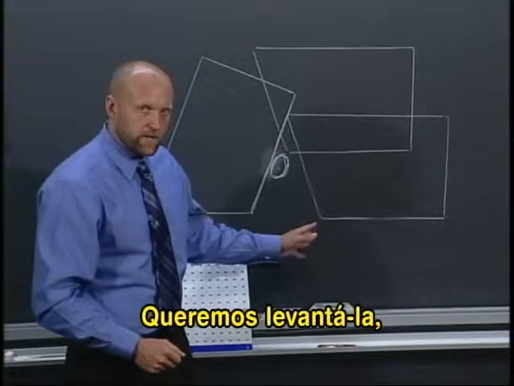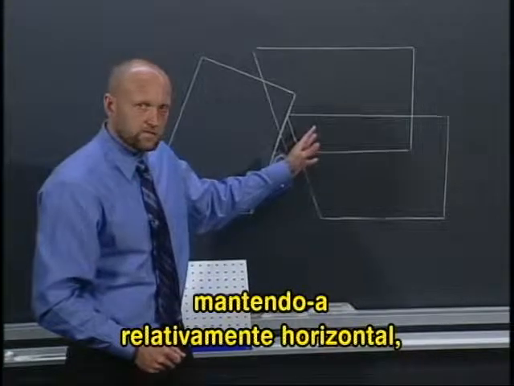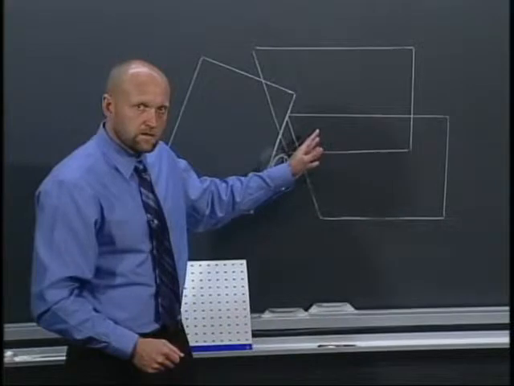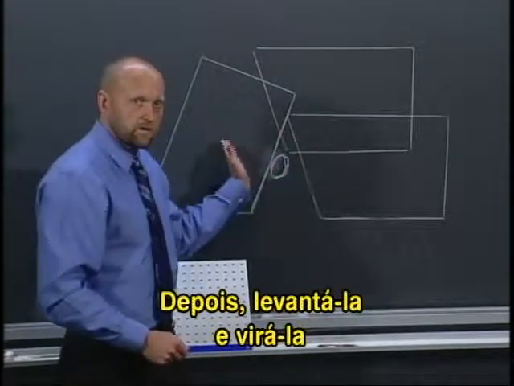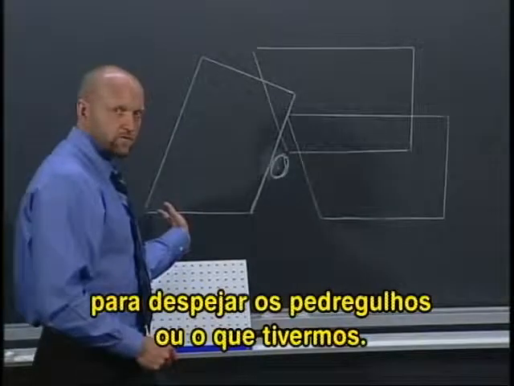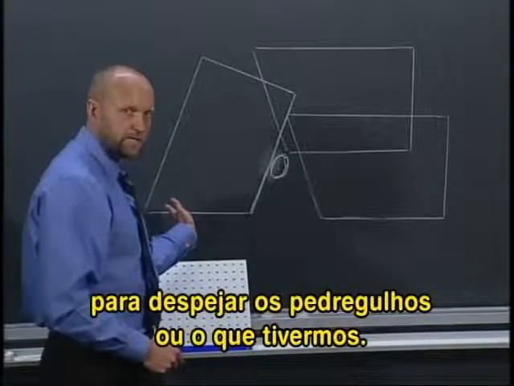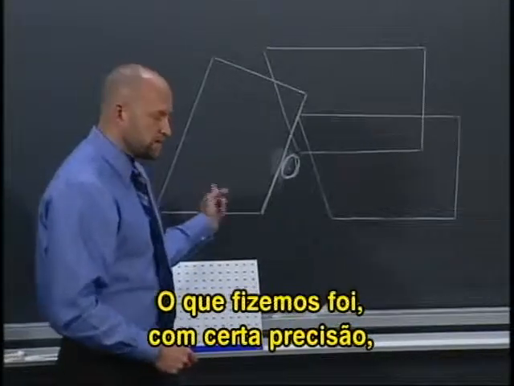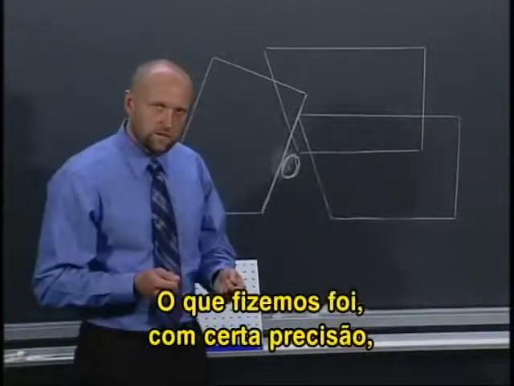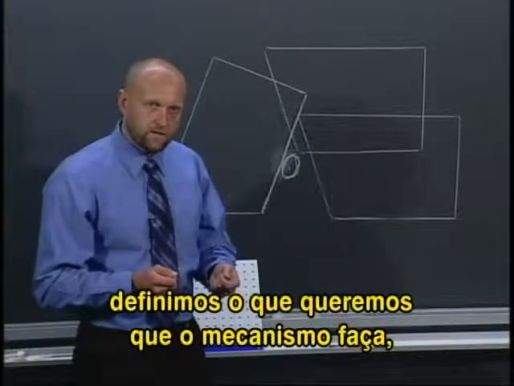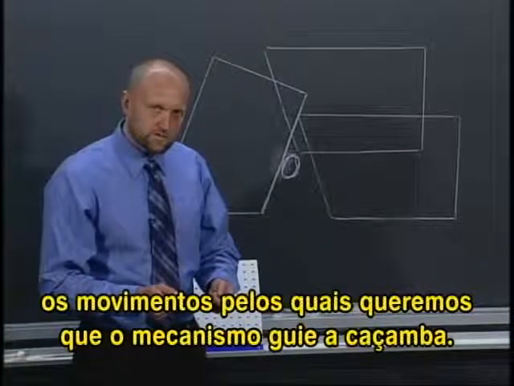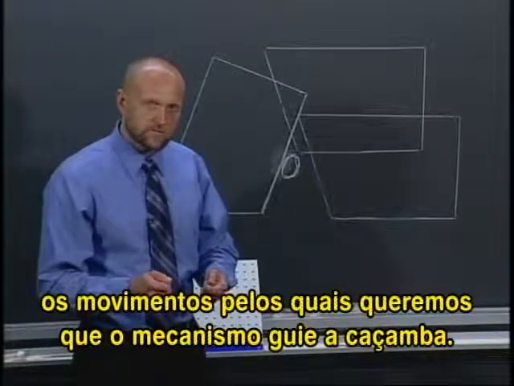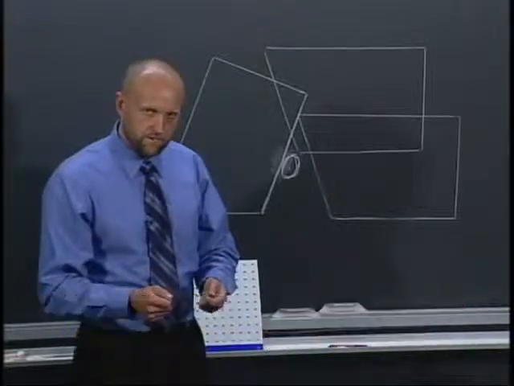We want to pick that bed up, keeping it relatively flat to overcome an obstacle, then move it up and over, and turn it so that the gravel or whatever else we're carrying dumps out. So what we've done is define, with some precision, what we want the mechanism to do, the motions through which we want the mechanism to guide the bed.